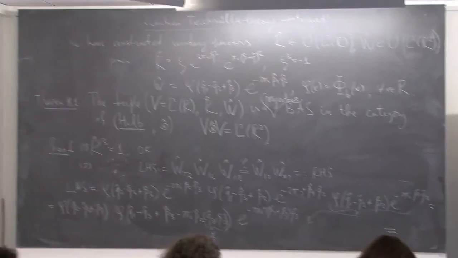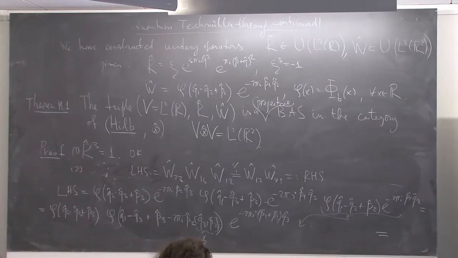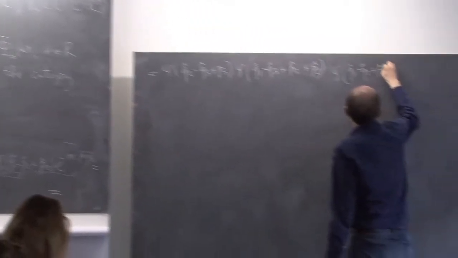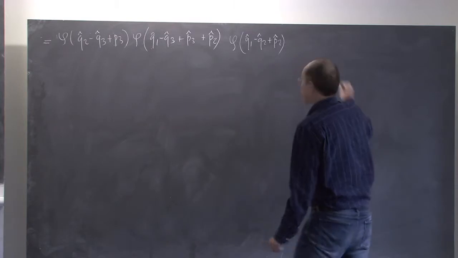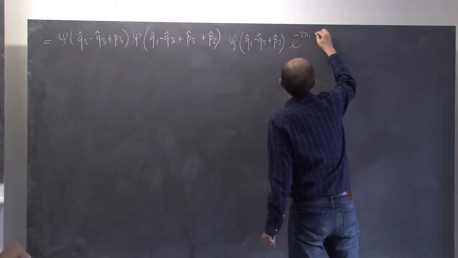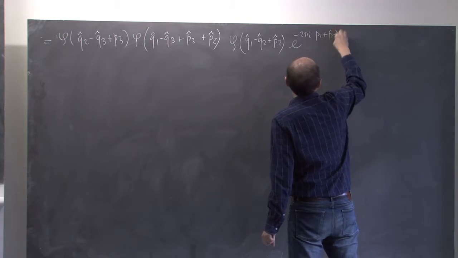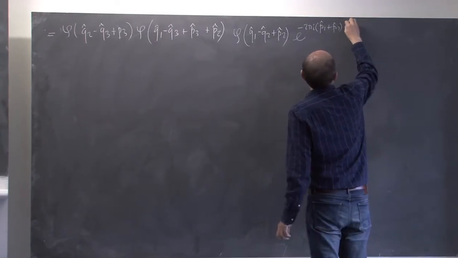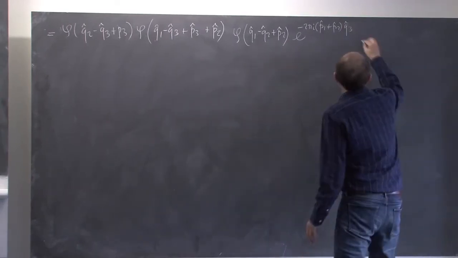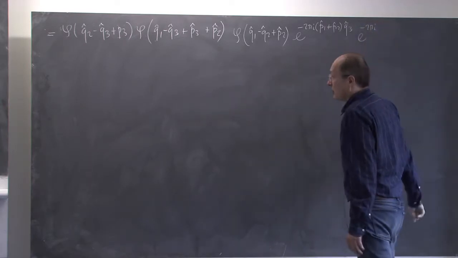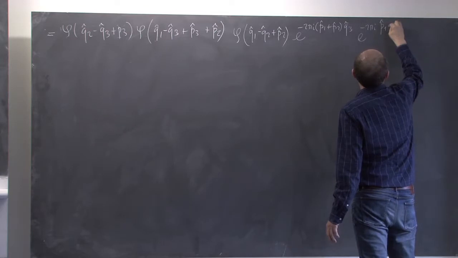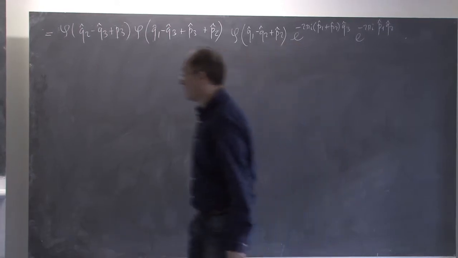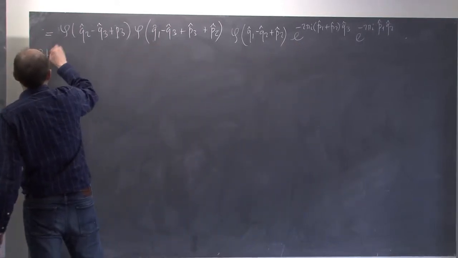So we leave the phi without changing. And all exponentials meet together: e^{-2πi (P1 plus P2) Q3} e^{-2πi P1 Q2}. So we stop here for the left-hand side, and we continue with the right-hand side.